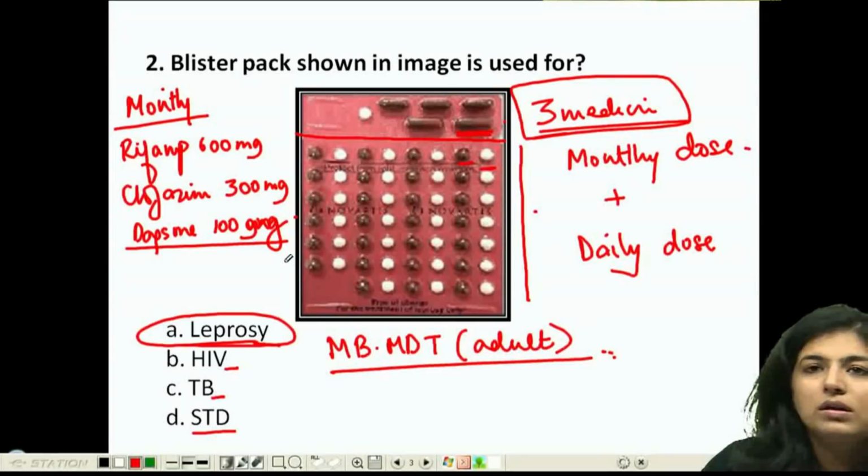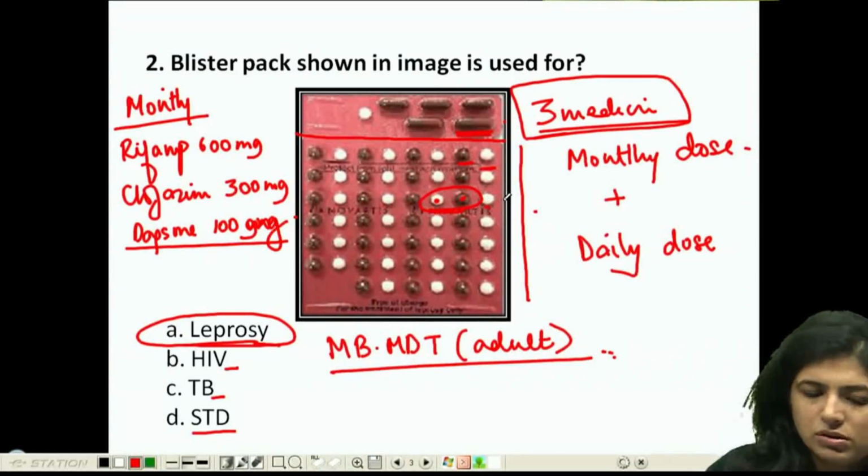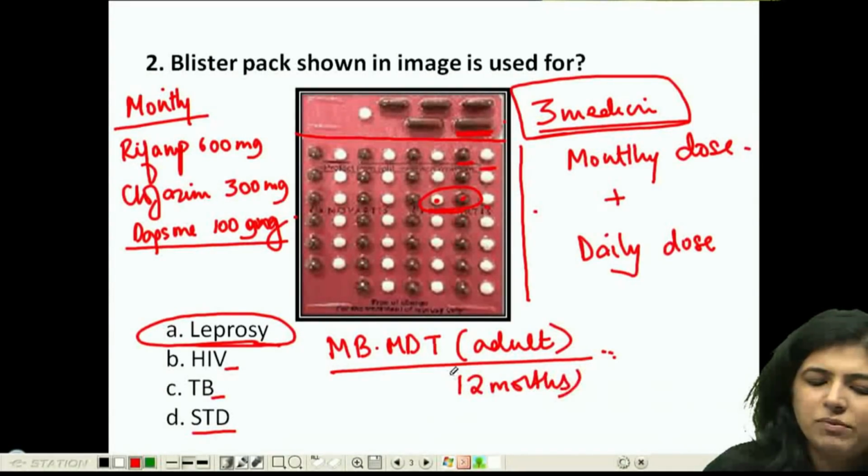So this is what it is showing you. And then you have this clofazimine and dapsone daily, which the patient will have. MB MDT for adult is to be given for 12 months in multibacillary leprosy.